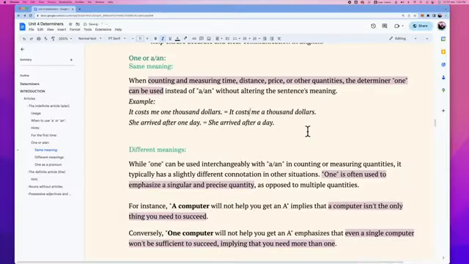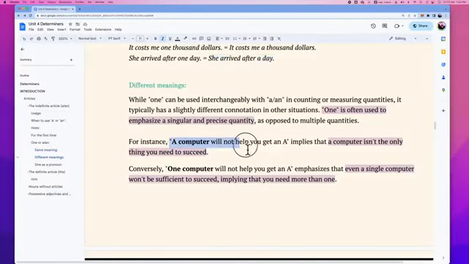Then the next one is when do we use one and when do we use A or AN, when we are having only one noun and it is countable. When we are measuring time, distance, price and other quantities, using one and using A or AN actually doesn't make much difference in meaning. It cost me one thousand dollars. It cost me a thousand dollars. They're the same. She arrived after one day, or she arrived after a day.